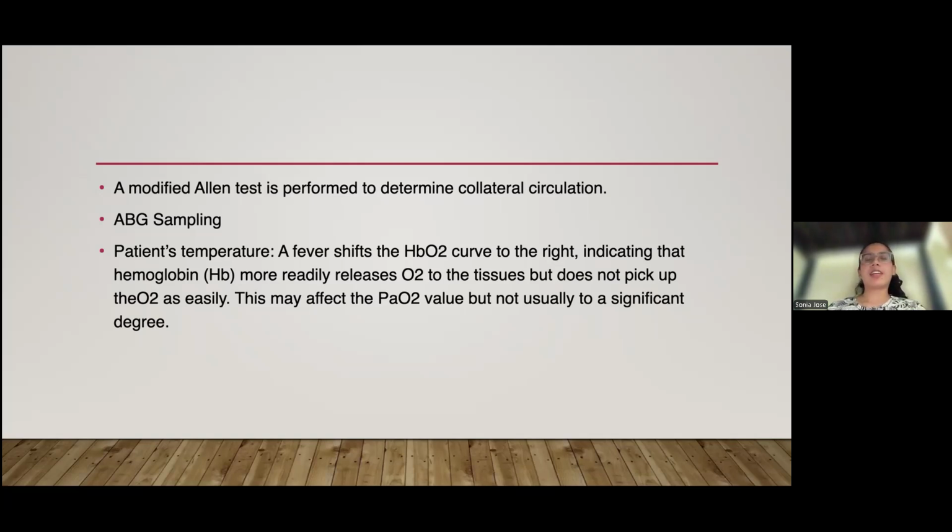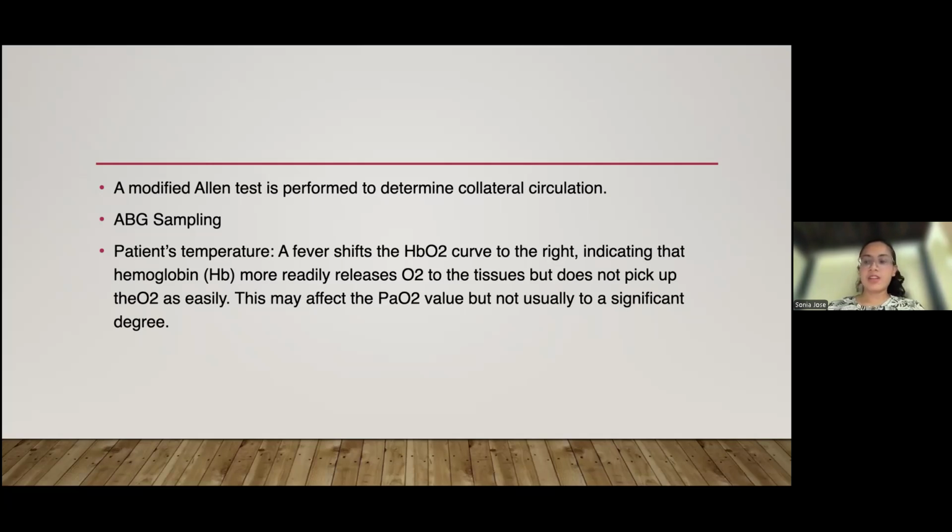After taking an ABG, we should mention these things: the name of the patient, the MRN of the patient, and which ventilator settings the patient is on: FiO2, mode, rate, PEEP, tidal volume or pressures. Everything we should mention in the ABG result.